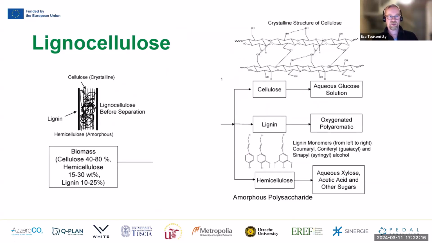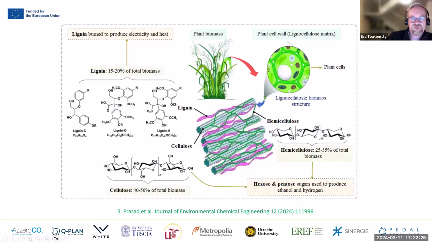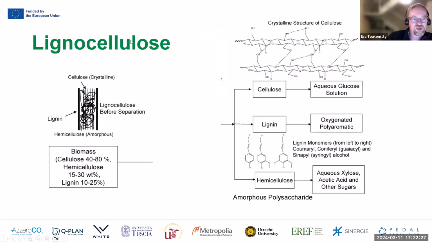These graphs are from the course book, and this is a nice, colorful representation of that lignocellulosic material. Here it's drawn in a slightly different way, but in any case, there are these three components: cellulose, hemicellulose, and lignin, and these three are separated while processing these materials.